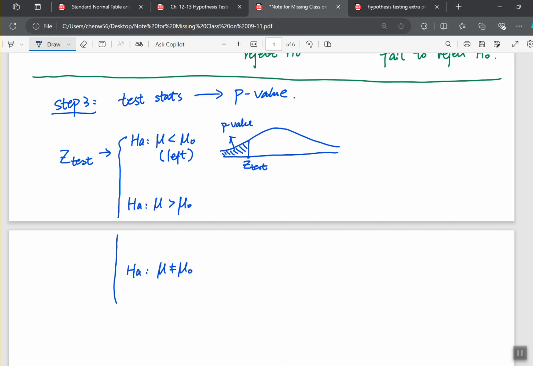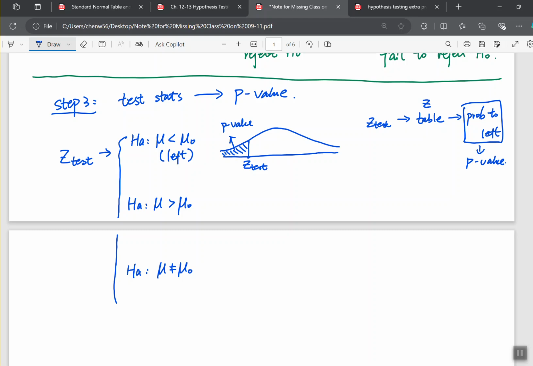So what you do is use your z test statistic, go to the z table, and find the corresponding probability to the left. Is this your p-value? Remember, whatever you find from the z table is already the probability to the left, which is the one we look for here. So whatever you find will be your p-value for this left tail hypothesis.